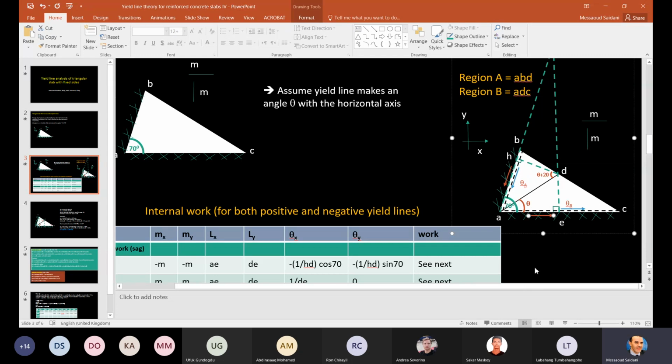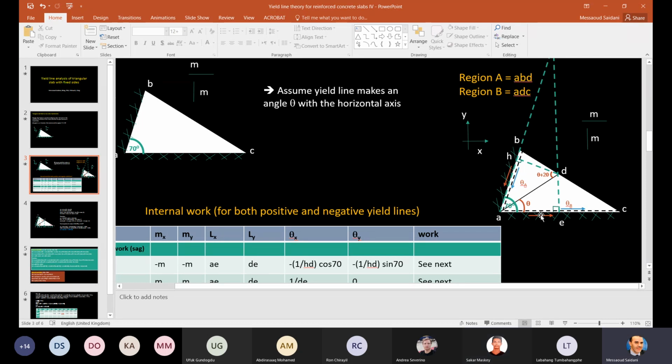Using the right hand, yes. So that red line is fixed for our hogging moment, isn't it? Yes. And is rotation the same for hogging moment as for sagging moment? Yes, because the moment is hogging here, remember?